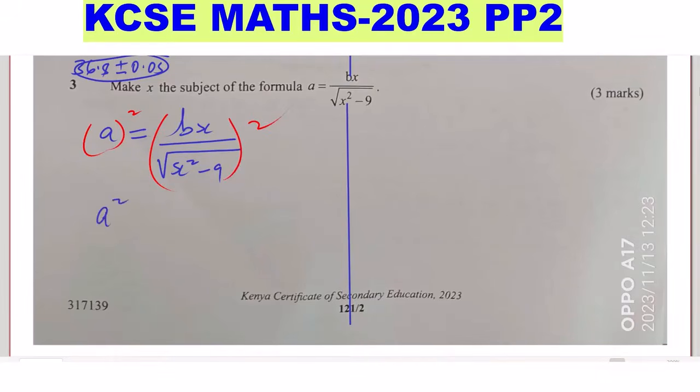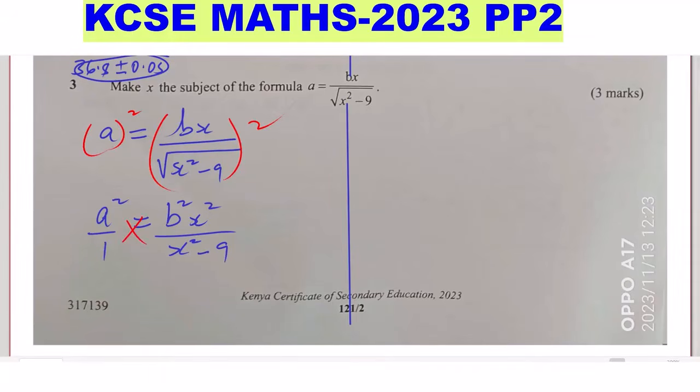So this will be a squared is equals to, when you square bx, you get b squared x squared. And then the denominator, the square root will disappear, remain with x squared minus 9. So from there, you can just express a squared as a squared over 1, and then you cross multiply.